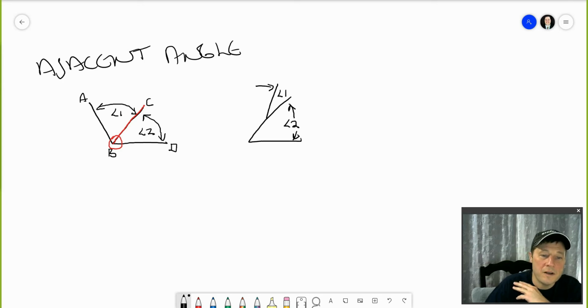Do they share a common side? Well, absolutely they do, right here. But what they don't share is a common vertex. So these 2 angles, although they share this side and they are related in some sense, they are not adjacent. So that's a good example of adjacent angles and what does not qualify as an adjacent angle.